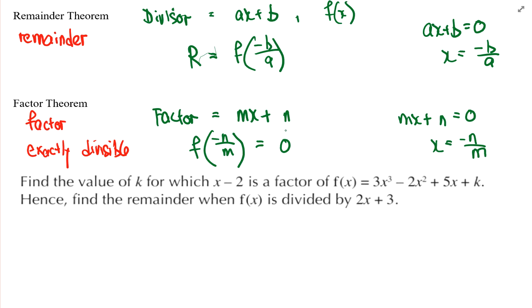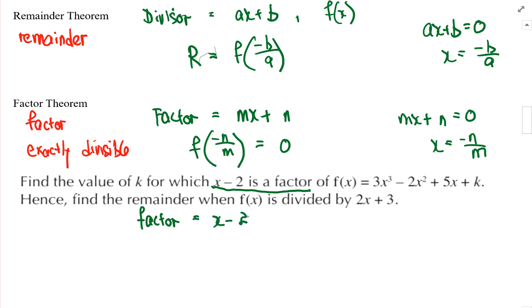With this knowledge, I'm going to try the following example. Look out for some of the keywords first. You are supposed to find the value of k for which x minus 2 is a factor. Since this is a factor, it means that you need to substitute x is equal to 2 inside the equation. So let me write the working down. The factor is given to be x minus 2.